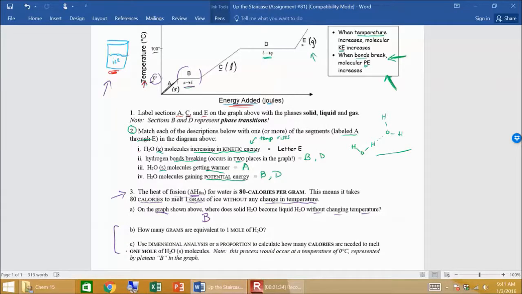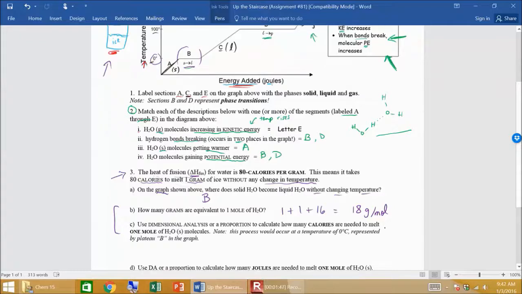Here's the answer you should have. H2O is H, which is 1, plus H, which is 1, plus O, which is 16. It's 18 grams per mole. We can use that in C to say, well, 1 mole of H2O, 18 grams.